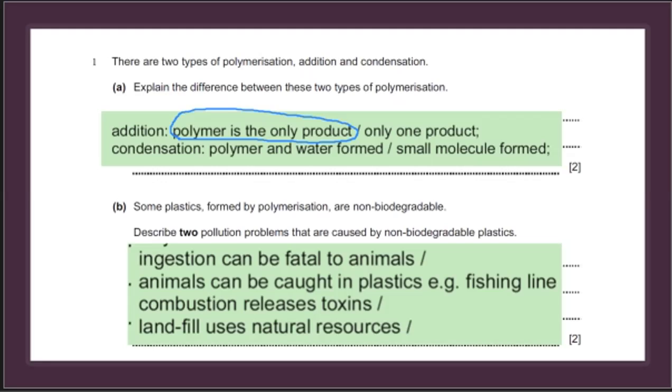And the next thing, landfill uses natural resources. We can't just simply go and throw it in the landfill. It will persist and remain inside of our landfills, and that is a problem again. So they ask you to describe two pollution problems that are caused by non-biodegradable plastics. Any of those will suffice.